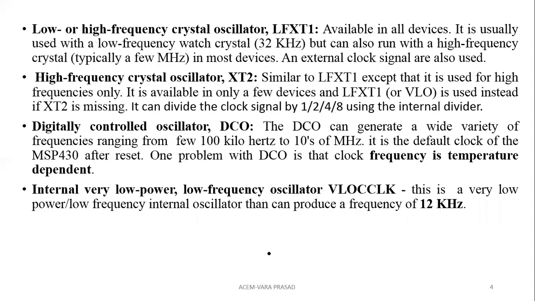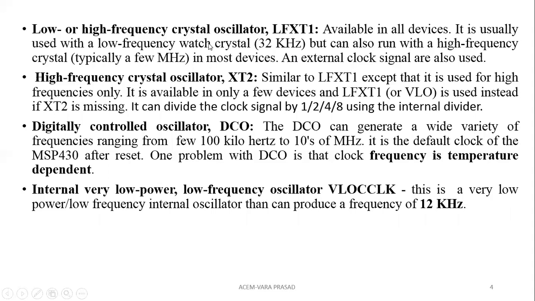And what are the sources? LFXT1, that means a low or high frequency crystal oscillator. It can generate low frequency as well as high frequency. The low frequency is 32 kilohertz, whereas the high frequency is in terms of megahertz.